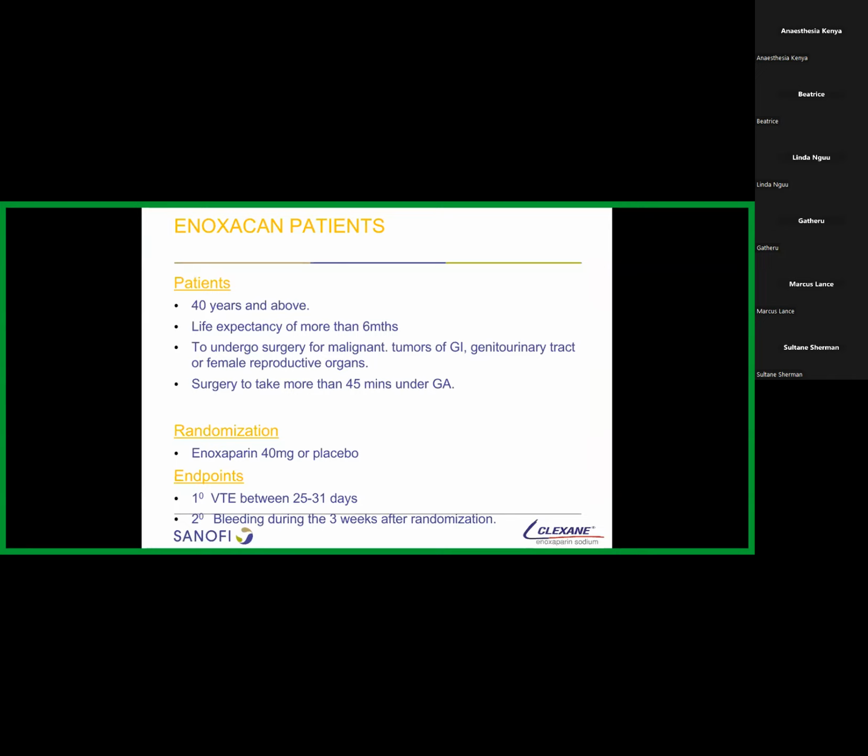Randomization was to enoxaparin 40 mg or a placebo, the placebo being unfractionated heparin. The primary endpoint was whether the patients developed VTE between 25 to 31 days after surgery, and the secondary endpoint was bleeding during the 3 weeks after randomization.